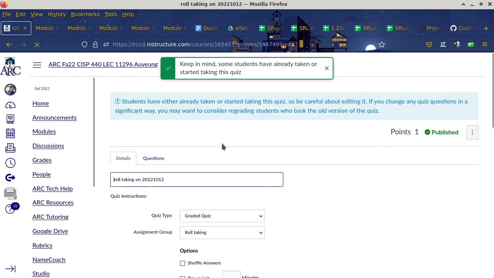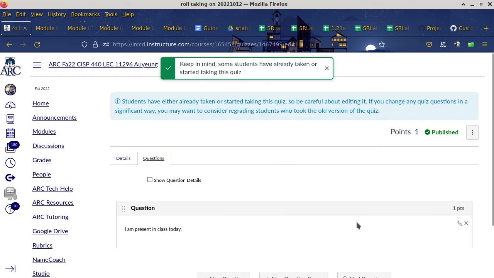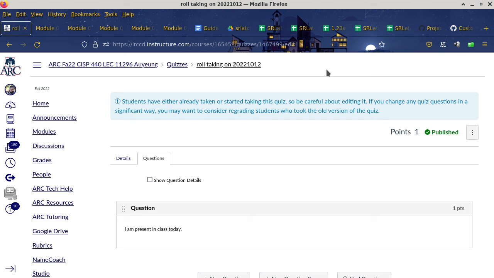I forgot to update the question again. Yeah, I think I did update. Okay. Because earlier in my CISP440 class, I forgot to update the question. Canvas does not warn you when you forget to update the question and you click save. It will just save it as if you updated the question, but it actually did not. Anyway.